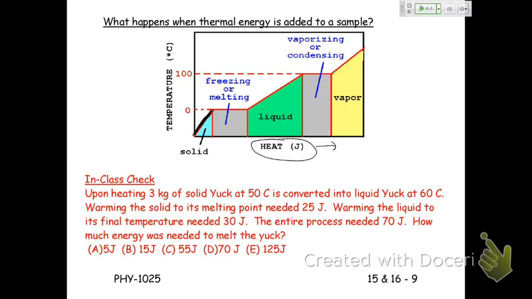This first bit is all about the latent heat, and the latent heat indicates the slope. It isn't equal to the slope, but it's dependent upon the slope, or the slope is dependent on it. And this bit here is dependent upon the specific heat of the water, and this is dependent upon the specific heat of the vapor. And these bits in between depend upon the latent heat from solid to liquid and the latent heat from liquid to vapor.